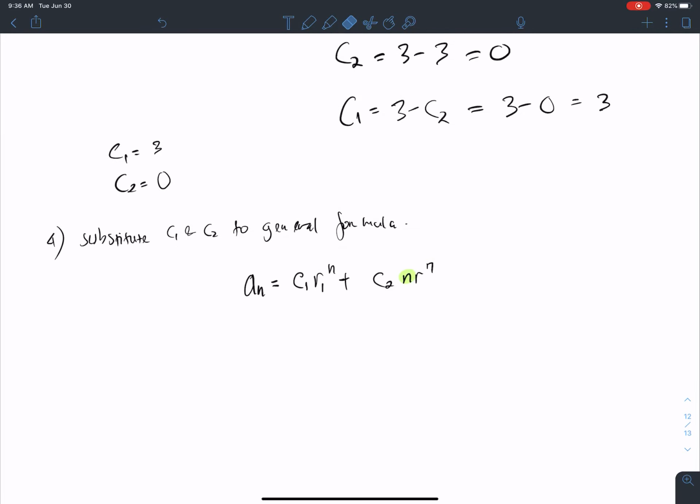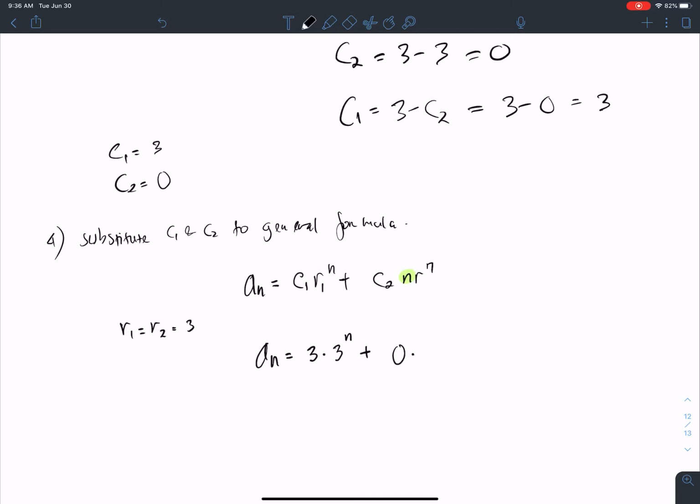Okay, and then our r1 is equal to r2 because they are equal, 3. So when we put it in, c1 is 3, times 3 to the power of n, plus c2 is 0. This is 0, yeah, but I will review back why it is 0.